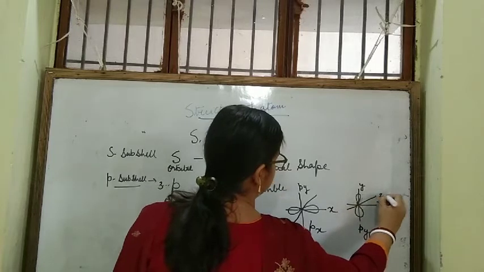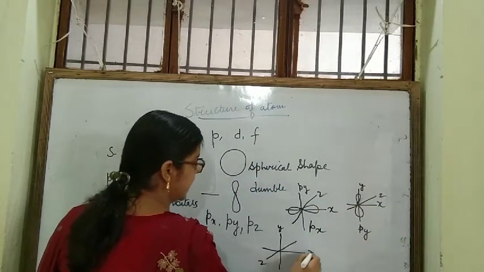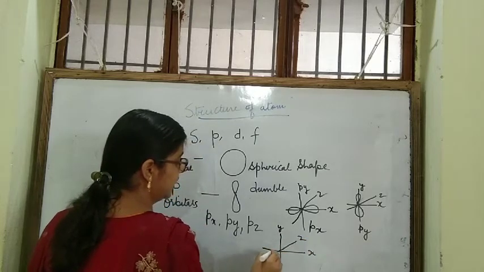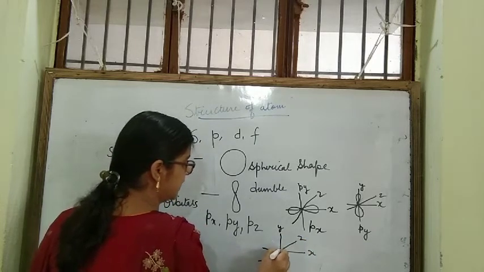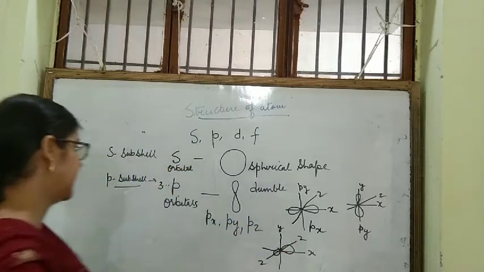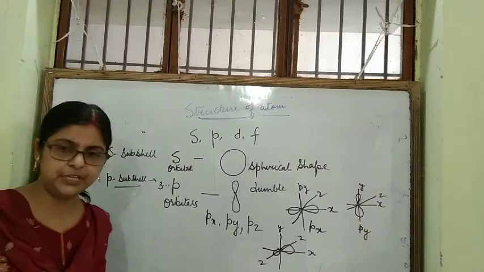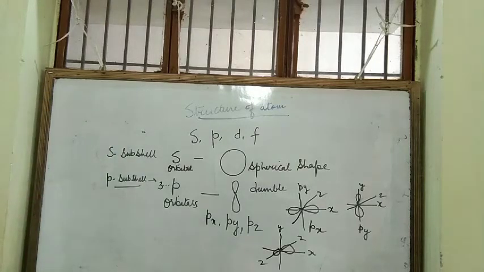Suppose this is y, this is x and this is z. In pz orbital, the lobes of the orbital lie on the z-axis.